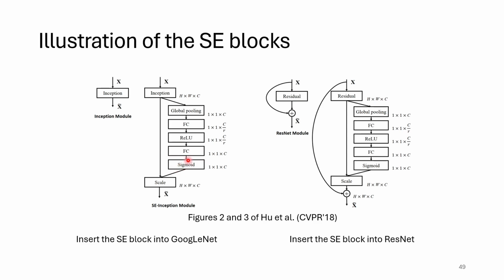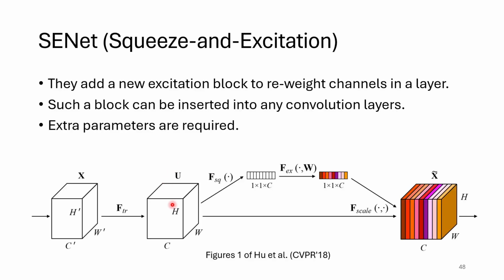Sigmoid also increases the nonlinearity, but less than the ReLU. So with the more parameters, two fully connected layers and two activation functions, they increase the nonlinearity. And then this is the new coefficient. They apply the coefficient to scale and get the new layer like this one.